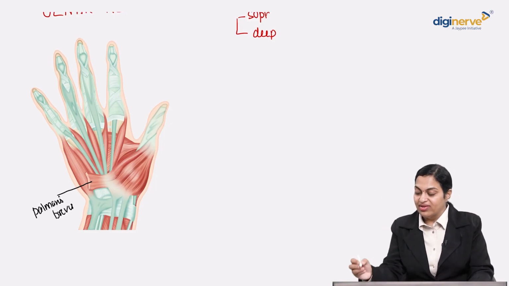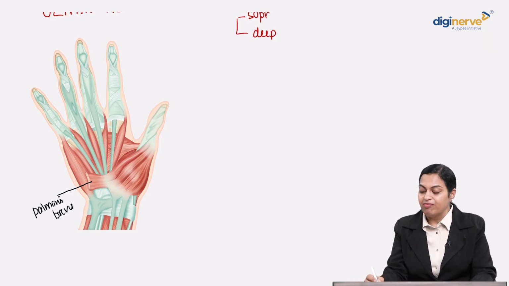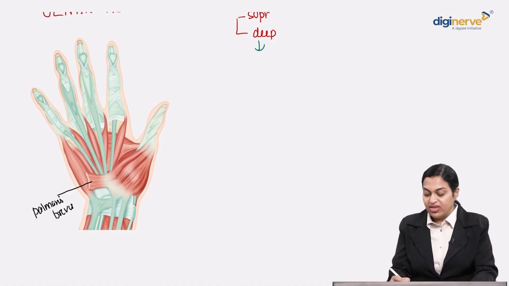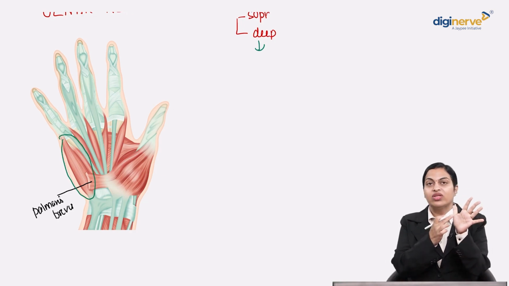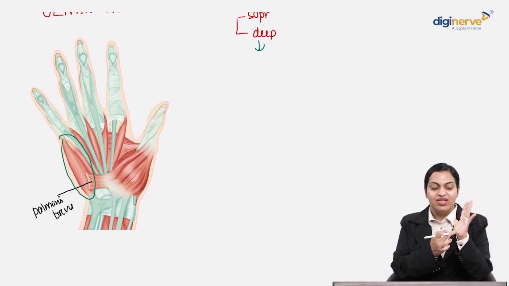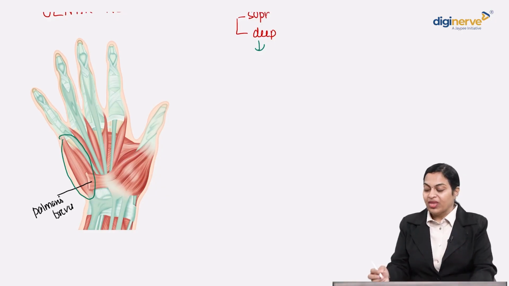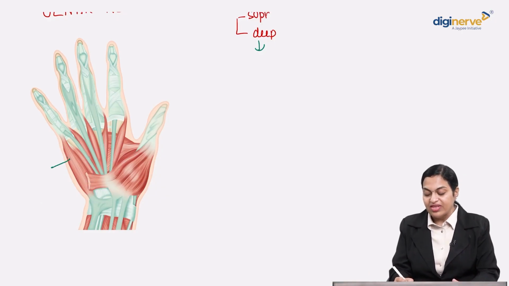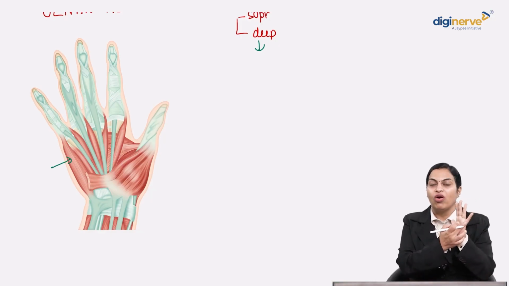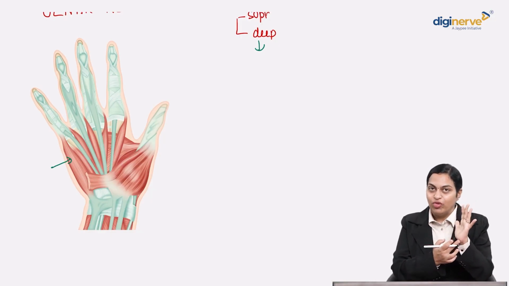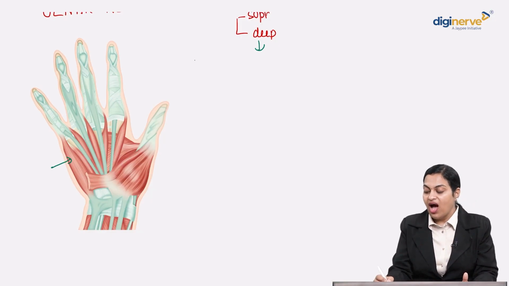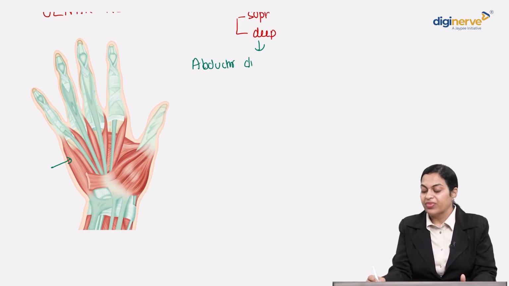Okay. And coming to the muscles innervated by the deep branch, the 3 hypothenar muscles that you see here. So below the thumb is the thenar eminence and below the little finger, this is the hypothenar eminence. 3 muscles make it, right? This muscle, which is on the medial border of the hypothenar eminence, is the abductor digiti minimi.